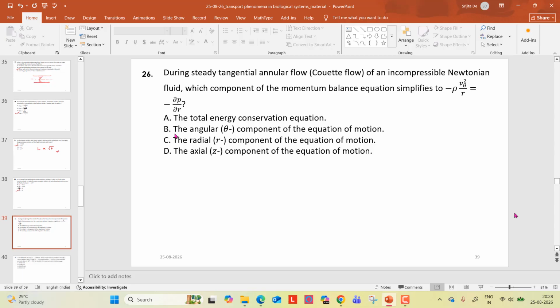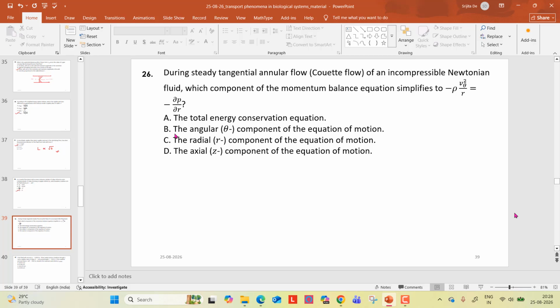Next, during steady tangential annular flow of an incompressible Newtonian fluid, which component of the momentum balance equation simplifies to minus rho v theta square by r equals del p by del r?